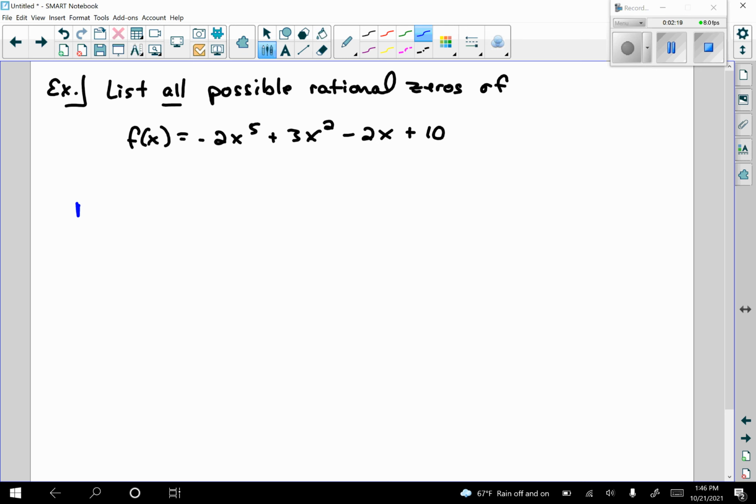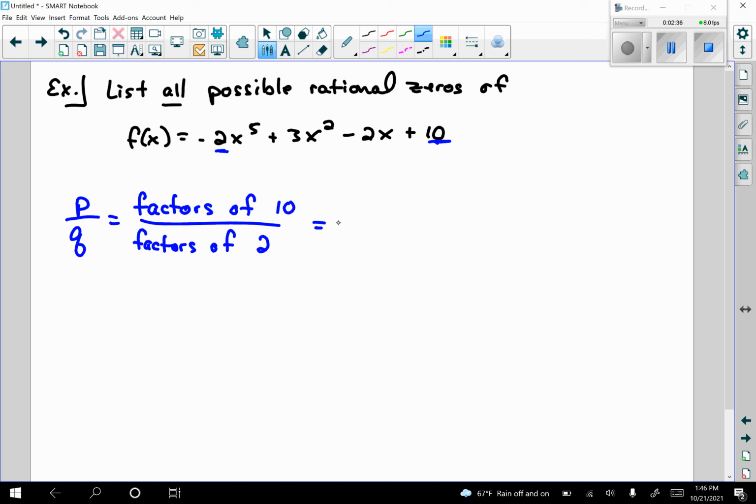So what we first want is p over q. So p is going to be the factors of our constant term of 10, divided by the factors of 2. Now we can ignore the signs because we're going to keep plus or minus signs all over these.